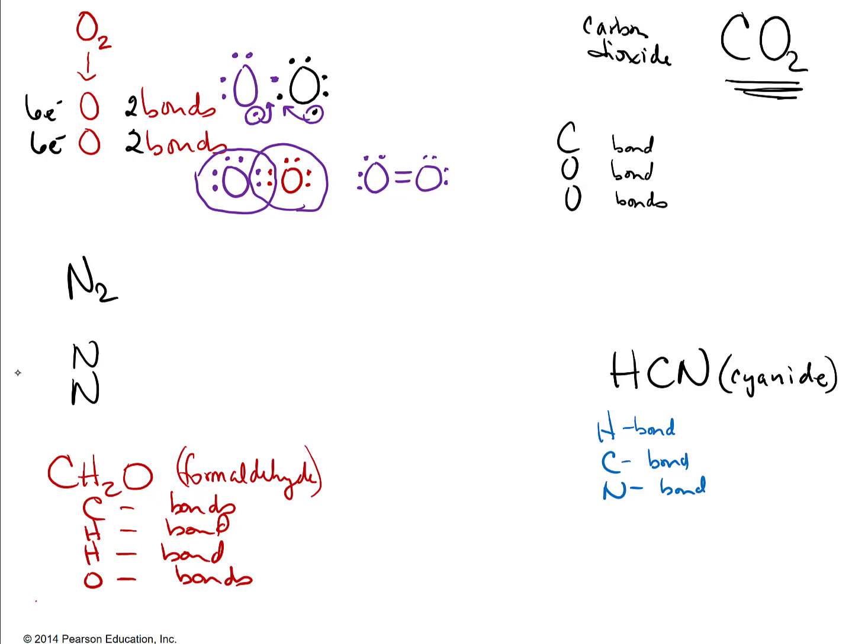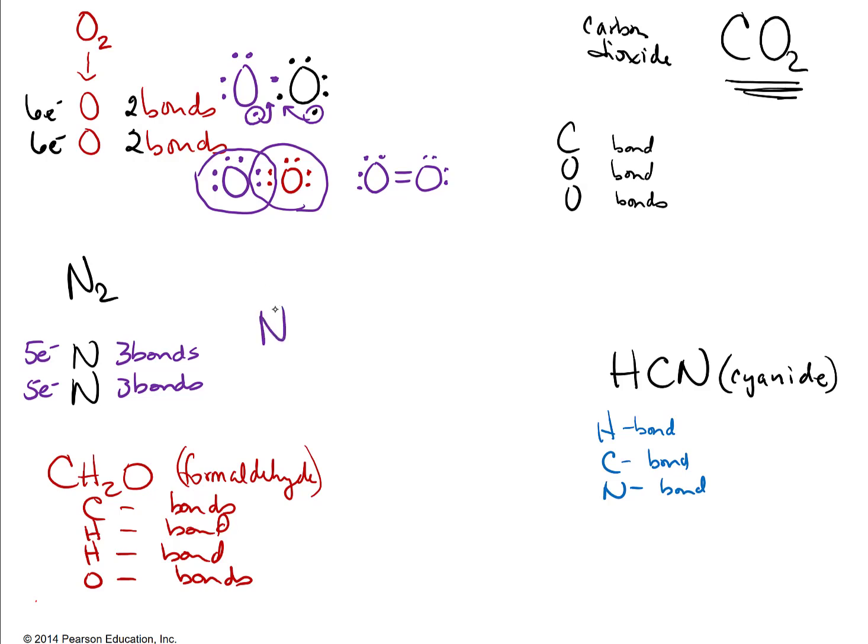Nitrogen is in group what? So it's 5 electrons. That means that they each have to have 3 bonds. So you can see how that's going to create a problem. I've only got 10 electrons, and I'm going to have to share until I end up with 8 on both.